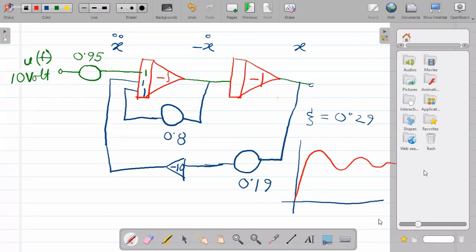Now if you change this 0.8 value, obviously zeta will change, keeping omega n fixed. So you'll get different sorts of responses, but the steady state value will remain the same, say at 5 volts, right? So this is how this analog simulation has to be carried out.